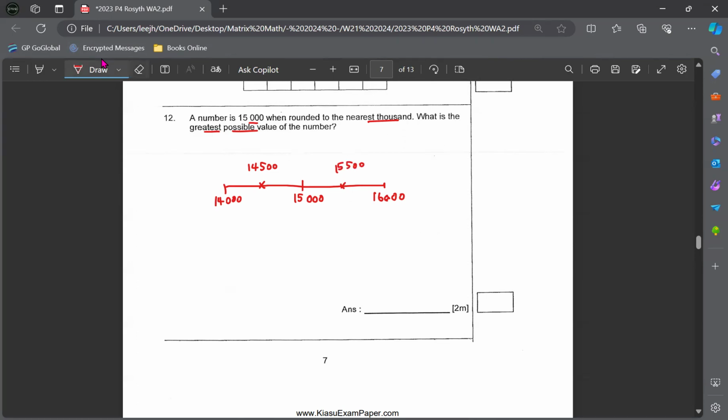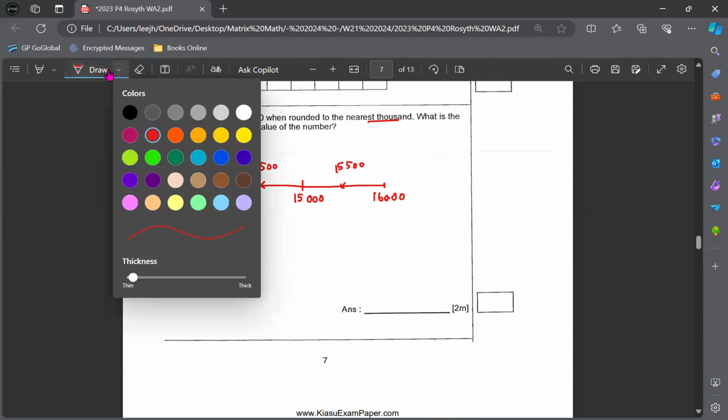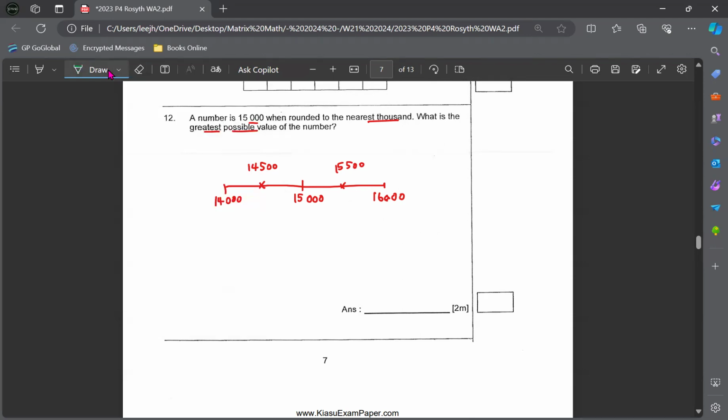So I want the greatest, which means I will have to move forward from the rounded value. But I cannot accept this. Why do I not accept this? Because 15,500, when you round to the nearest thousand, you look at the hundreds. This is a 5, which means that this number will not round back to 15,000. It will actually round up to 16,000, which is not what I want.